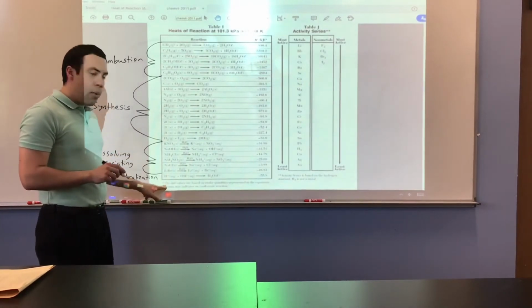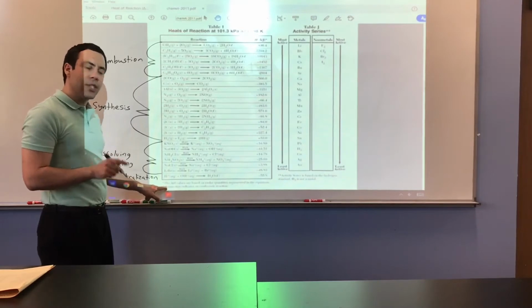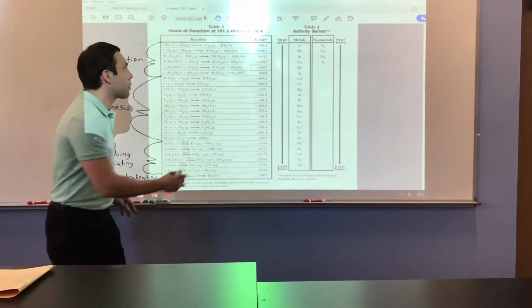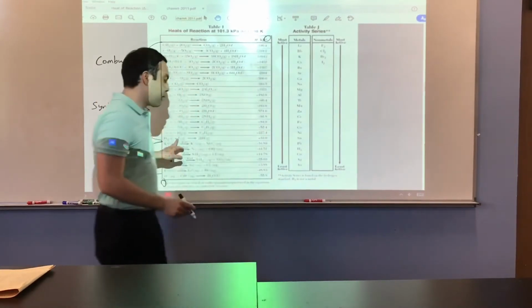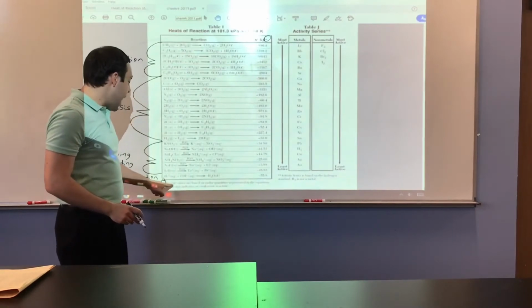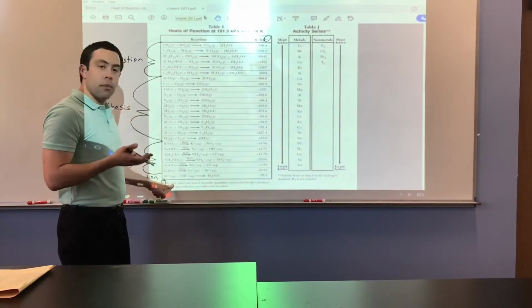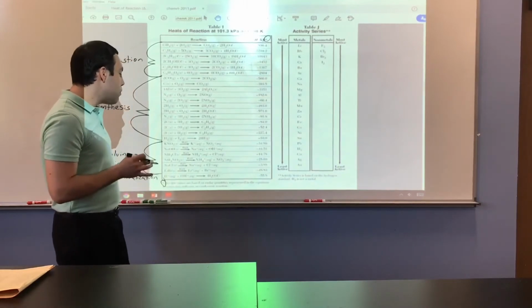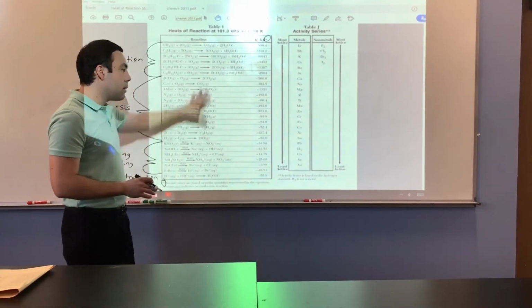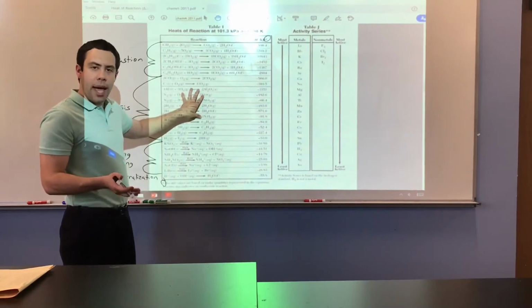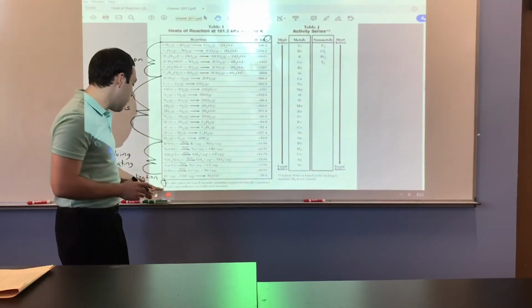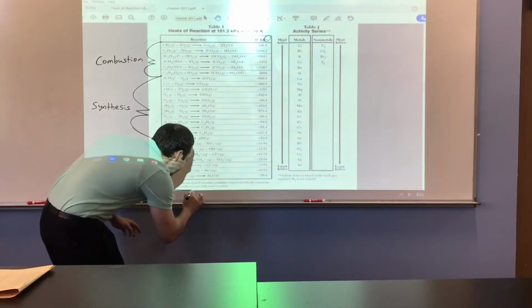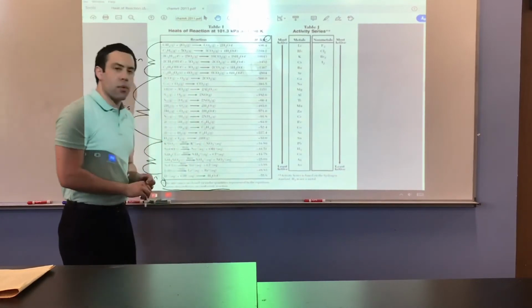However, the most important thing about Table I is this little asterisk down here at the bottom, which corresponds up here. The asterisk reads, delta H change in heat values are based on molar quantities represented in the equations. The important part is here: a minus sign indicates an exothermic reaction.